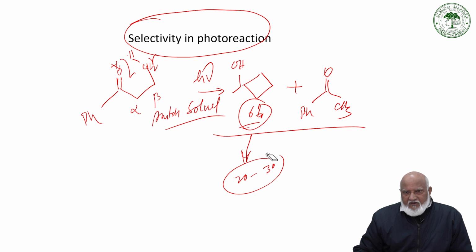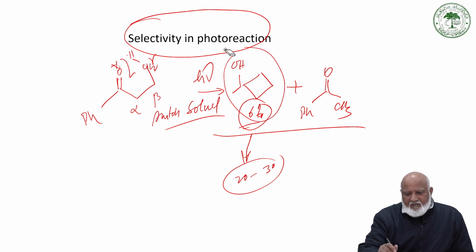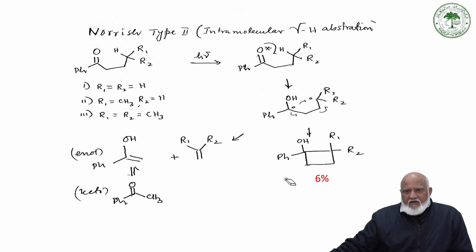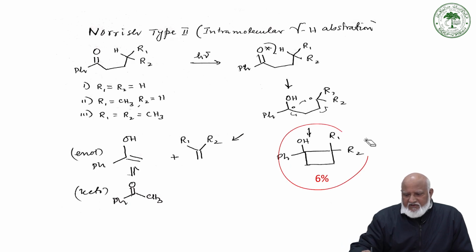If we can somehow increase this 4-membered ring product to 30%, this reaction is going to be a really important reaction for any synthetic route. So this is the reaction, 6%, and we want to increase this.